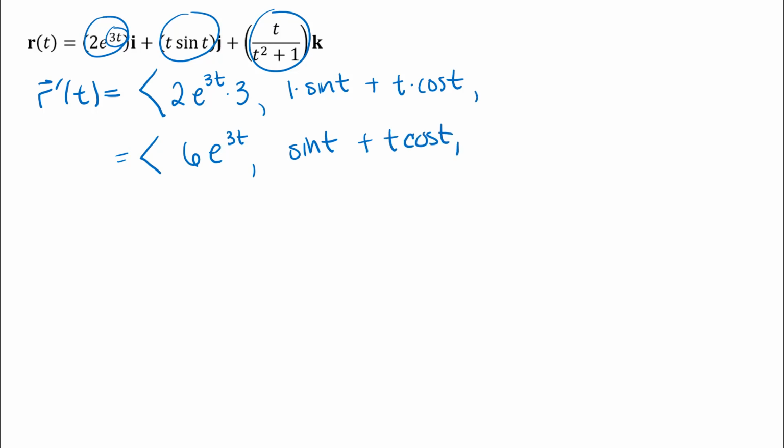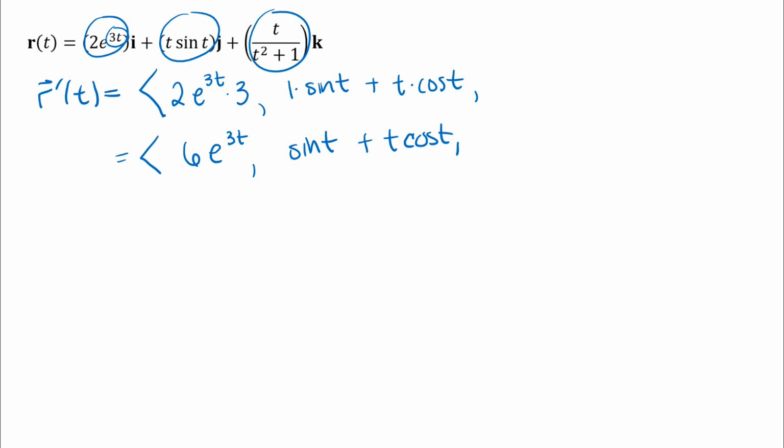And then in the k component, if I do the derivative as it's written, I'm probably going to use quotient rule. I'm going to just go ahead and do that. Sometimes you might want to rewrite it as t times t squared plus 1, all of that denominator to the negative 1 power, and then use a product and chain rule. But really it's probably easier if you can just remember to use quotient rule.